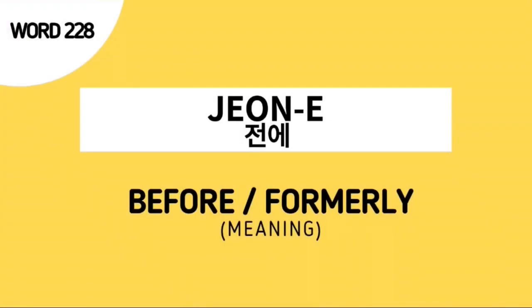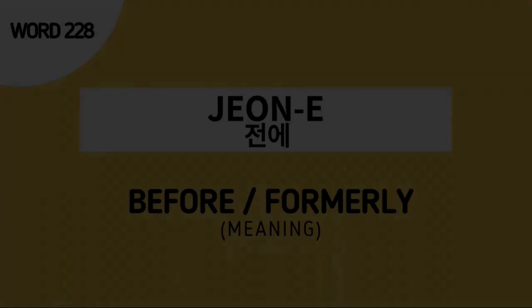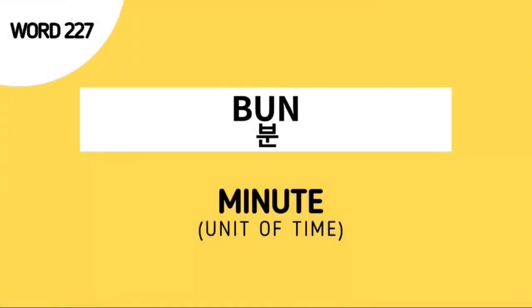Similar to our previous word, number 228 is chone, and this is used as before or formerly. Word number 227 is bun, which means minute, which is a unit of time.